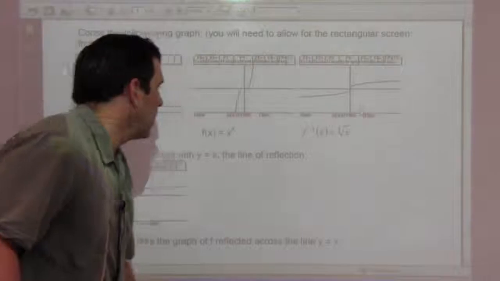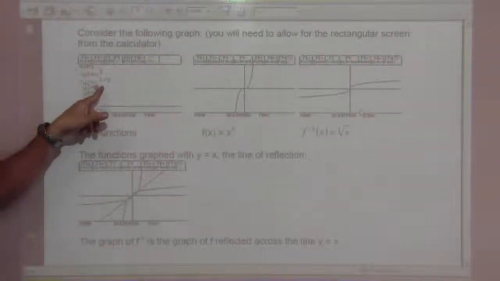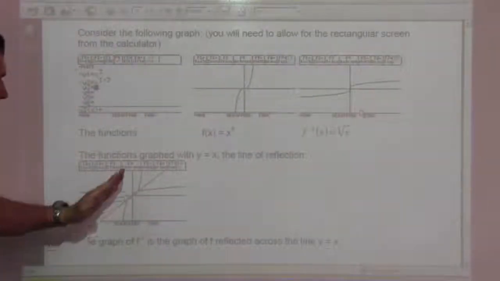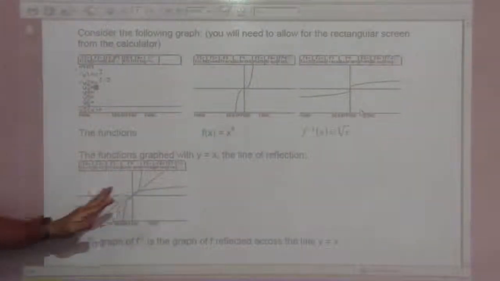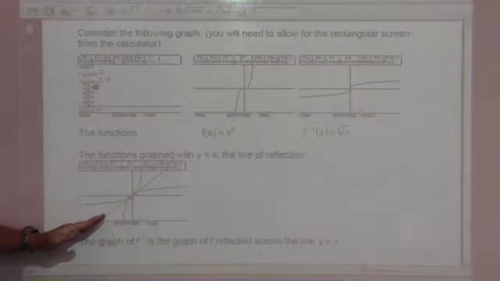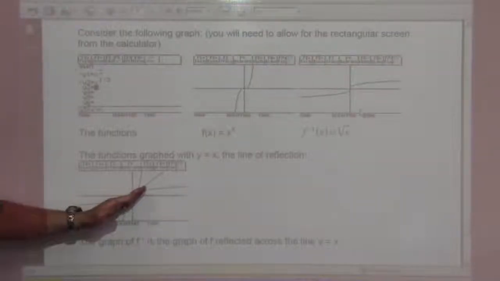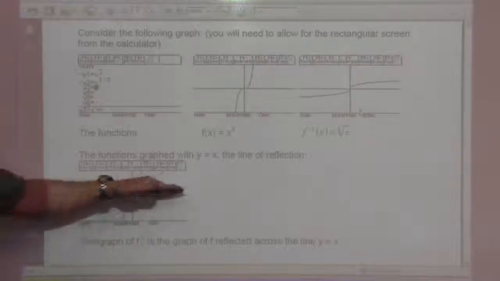So the last page here, showing you with the TI-89, we're doing x cubed next to x to the 1/3. Now this looks a little jumbled, and I try to get the spacing to be consistent. But here's y equals x, here's x cubed, here's x to the 1/3.